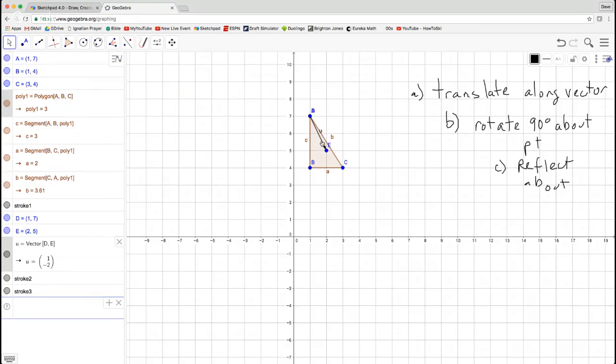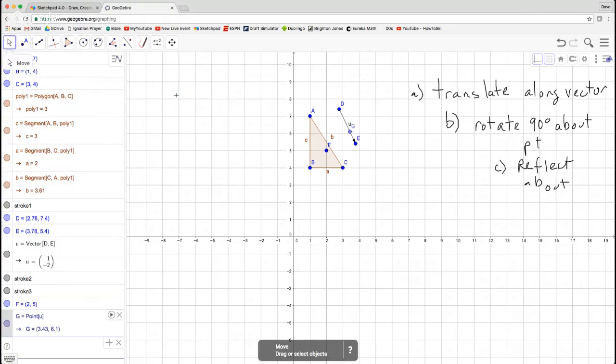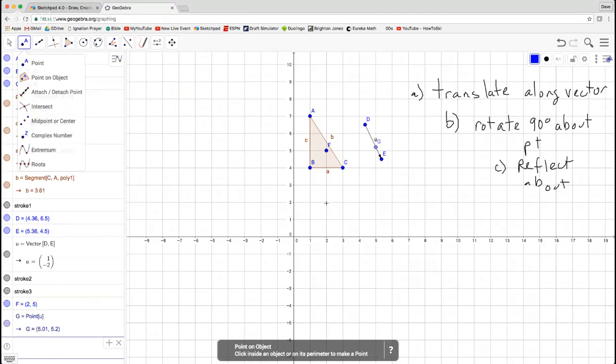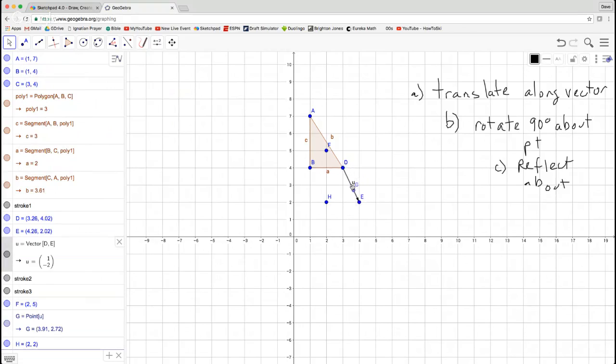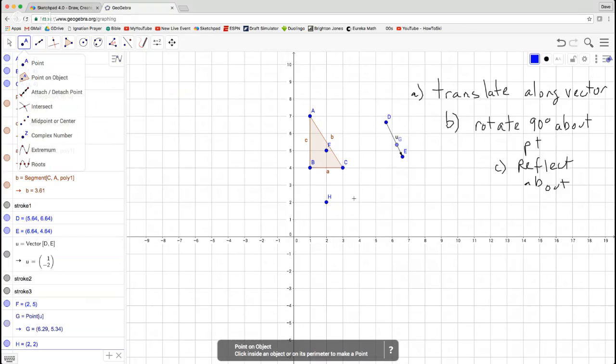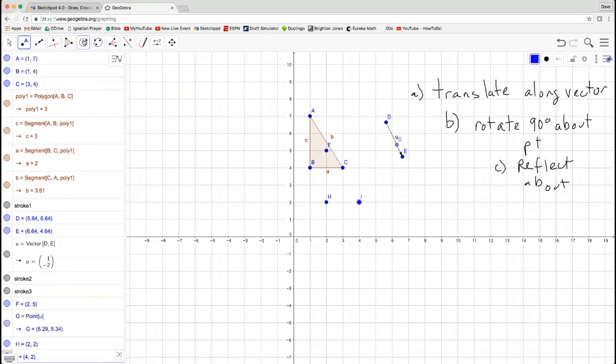So that's going to be at 2, 5. Whoops. We're going to put one at 2, 2. And then we're going to put one at 4, 2. And now we're just going to draw our object.